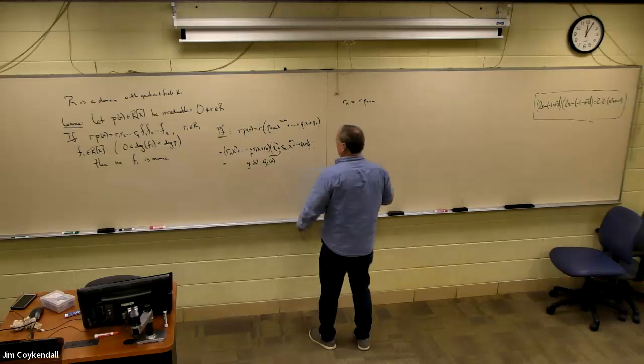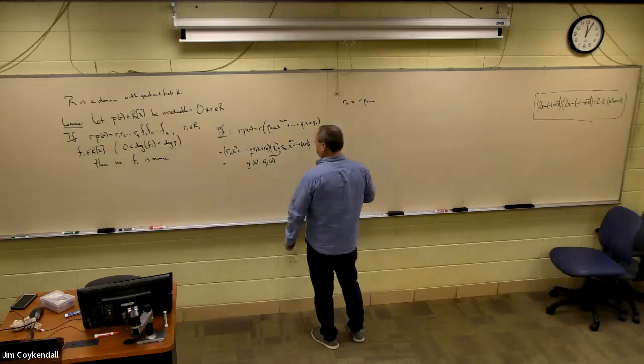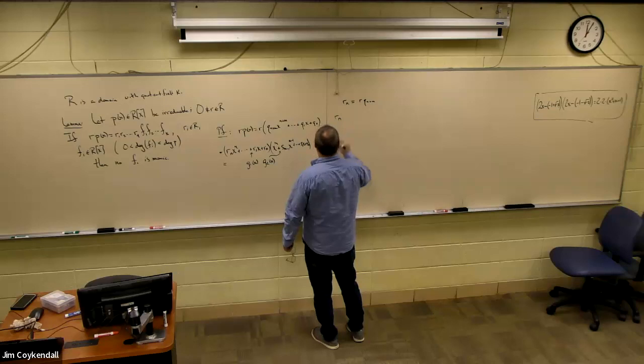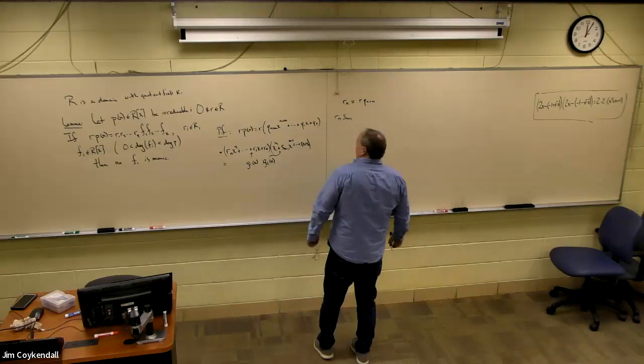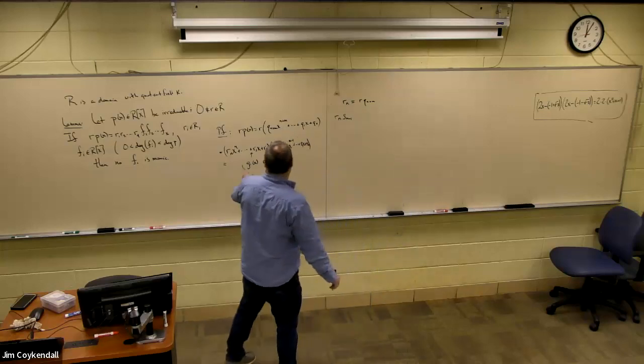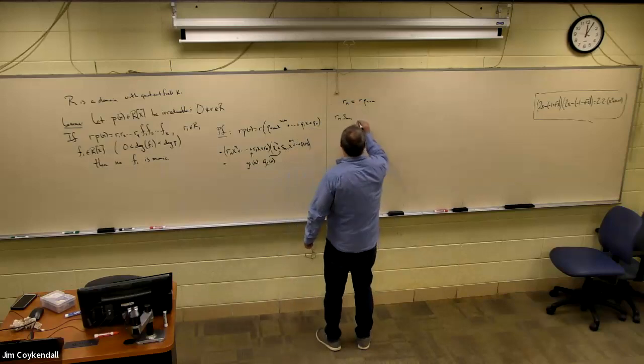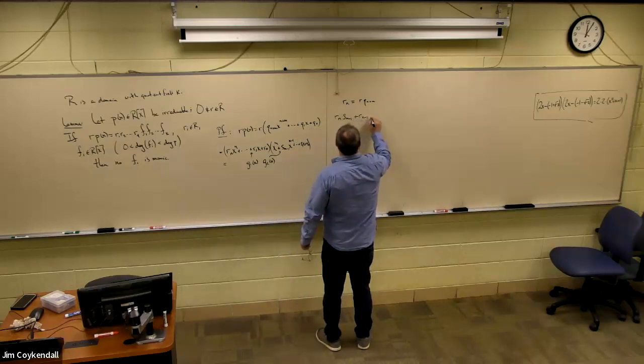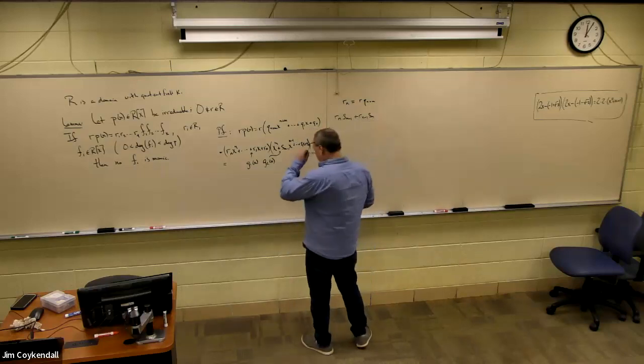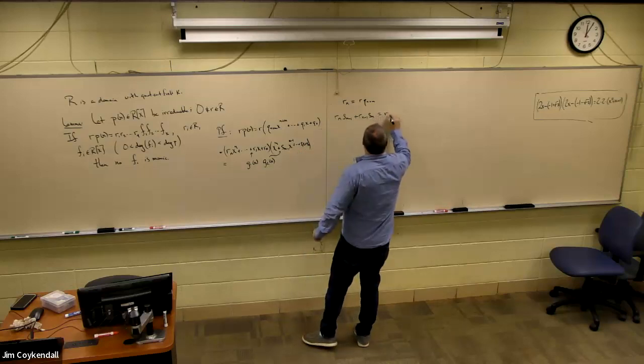Over here, I get Rn Sm minus 1 plus Rn minus 1 Sm is equal to R qn plus m minus 1.